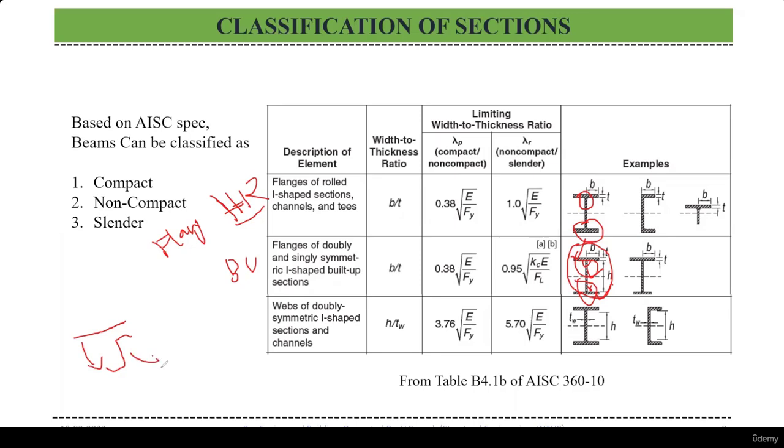So these are cold formed sections. Basically, hot rolled sections are cast in a mold, built up sections are made by joining different plates together, and cold formed sections are plates bent into the required direction.